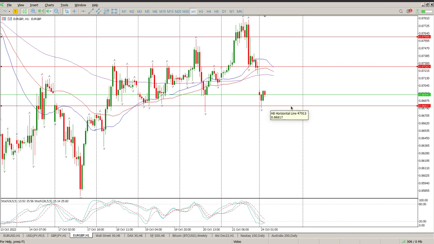So your target area would be 0.86817. But at the moment, with the grouping that we've got here, basically because of the drop down, I wouldn't be too surprised to see us bounce off the bottom here. But yeah, I think I'd rather take the rejection higher up than try and play the range. It's going to be a lot easier to pick up a position.